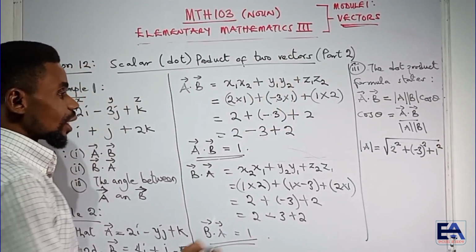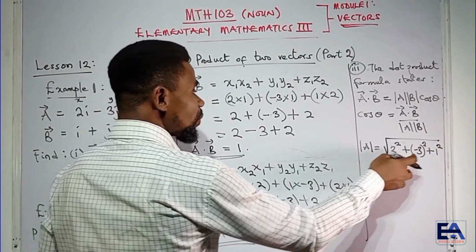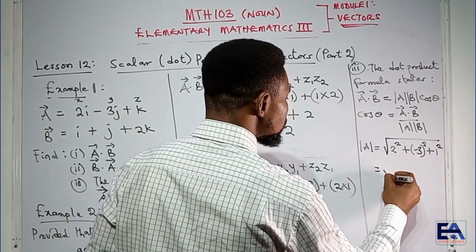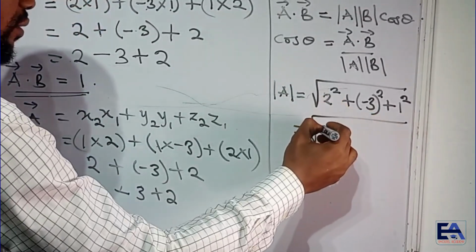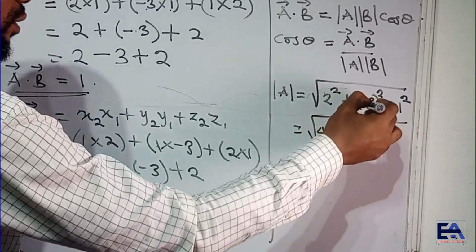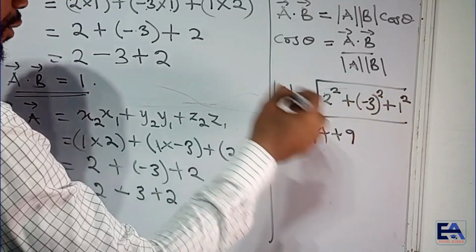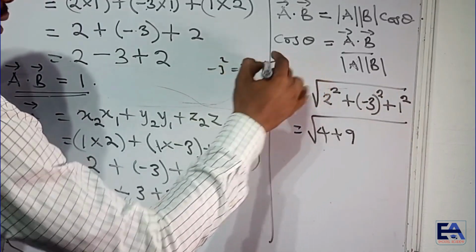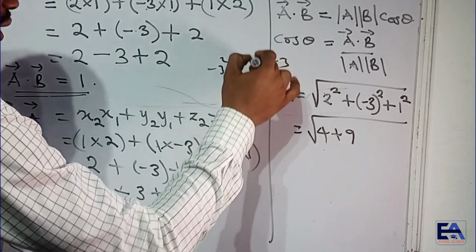All right, so as we have it that way, then we are going to have the square root of 2 squared is 4, then plus minus 3 squared, that's 9. Minus 3 squared means minus 3 times minus 3. So the minus times minus is positive, then 3 times 3 is 9.